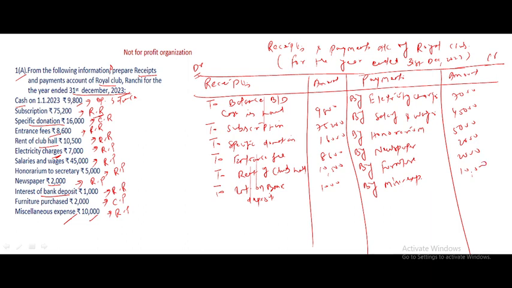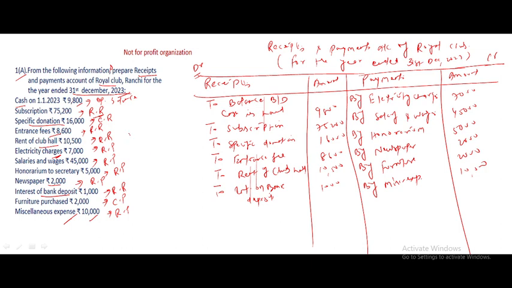Now we are going to balance. First we add the debit amounts and the credit amounts. We add debit amounts: 9,800 plus 75,200 plus 16,000 plus 8,600 plus 10,500 plus 1,000.